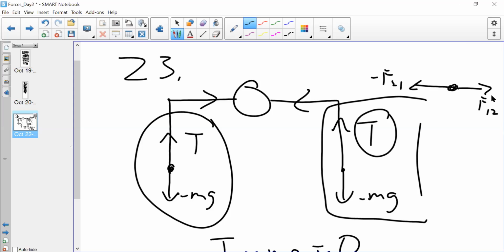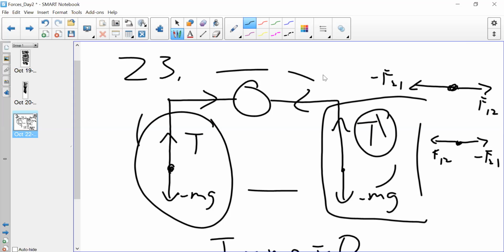Same, we switch the visual. This is pulling 1 on 2, equal and opposite 2 on 1. This is what's going on here. You guys see that? Comfortable? This will be a push, and in this case, we have a pull. Tug of war, tug of war.